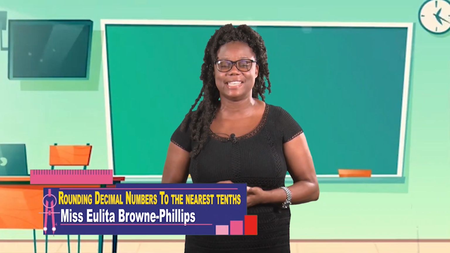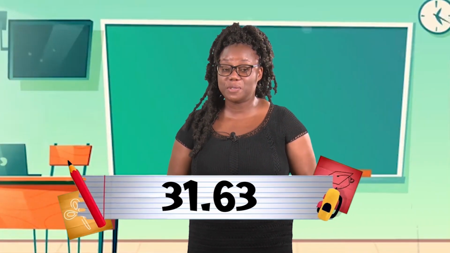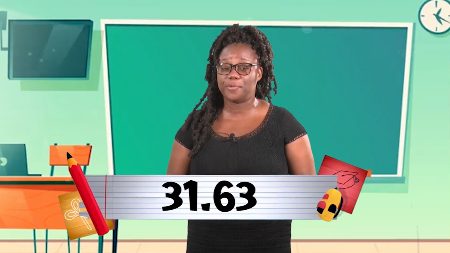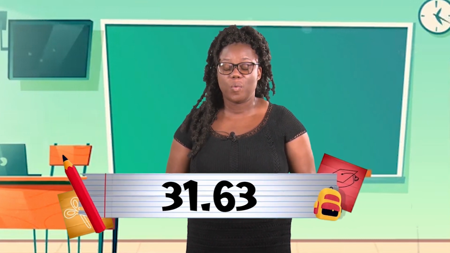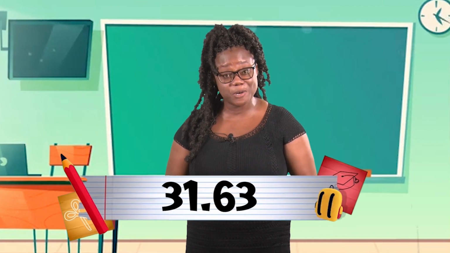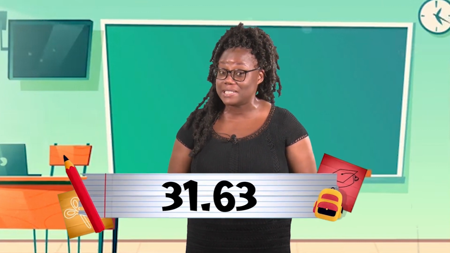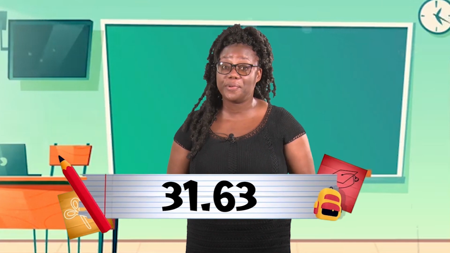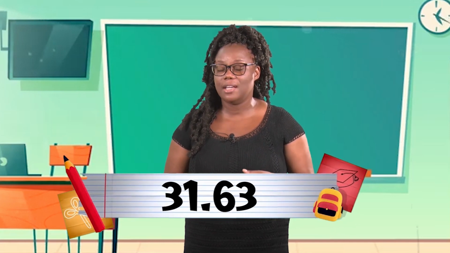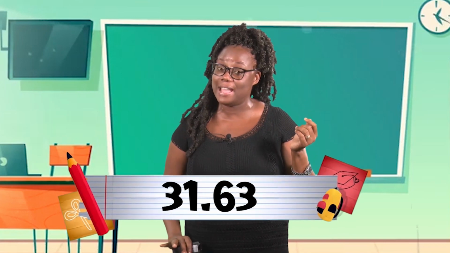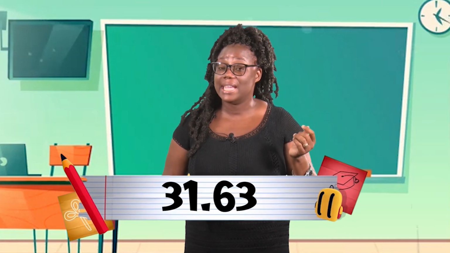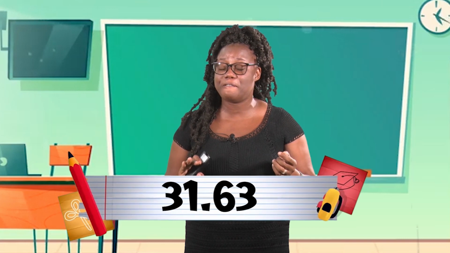Let's go quickly to the next one. 31.63 rounded to the nearest tenths. Which number is hitting the back door or is in the hundredths position? 3. Is 3 greater than 5 or is it less than 5? 3 is less than 5.